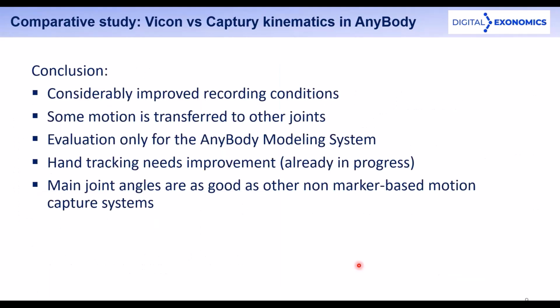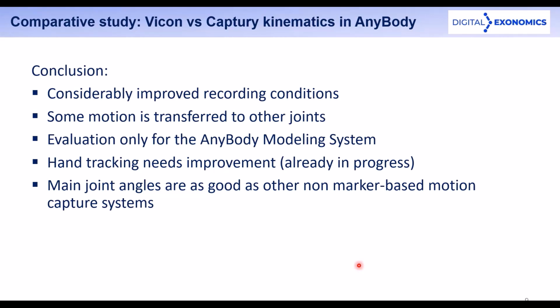So to conclude the results from the first study, we can see that recording conditions are really improved with the new system because it's just way easier to use when you don't have to place all the markers. However, when we look at results, we see that some of the motion is transferred to other joints.